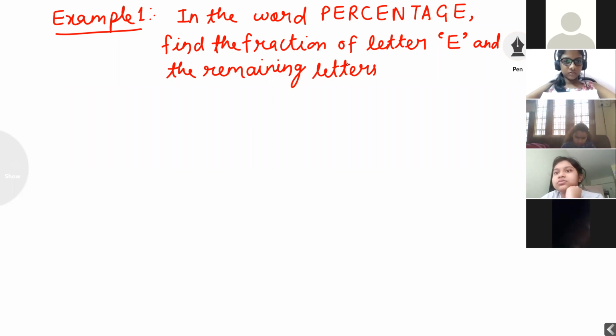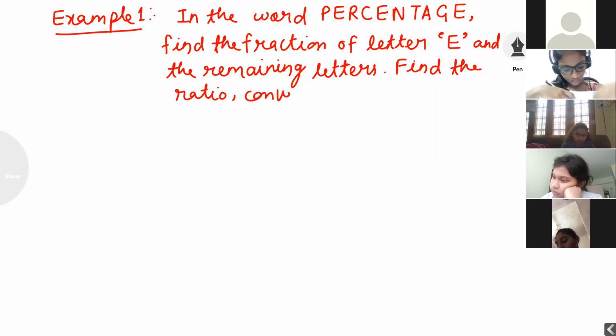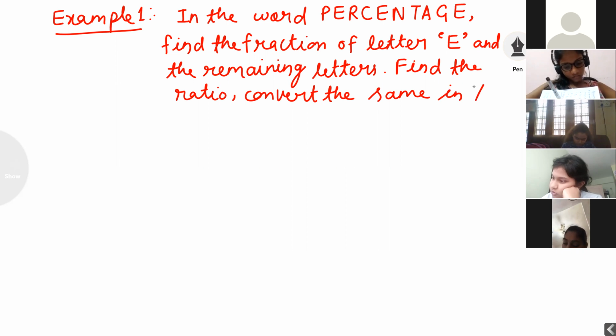Find the ratio, and convert the same in percentage.